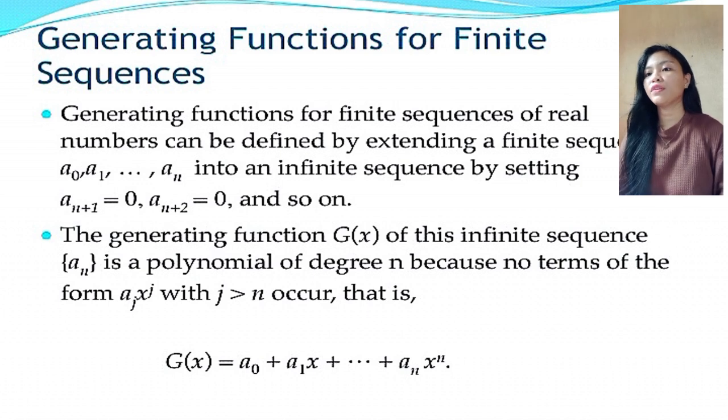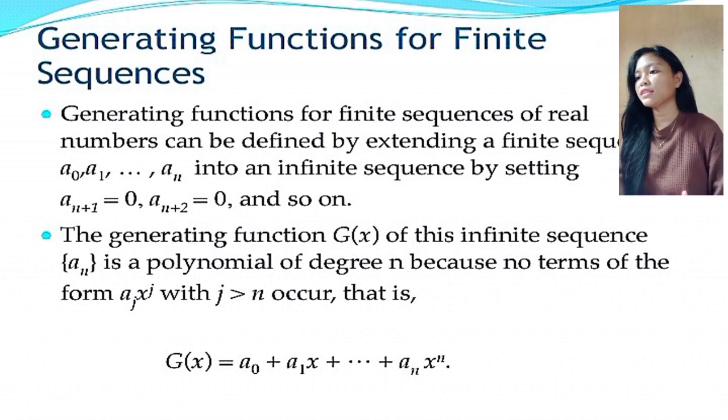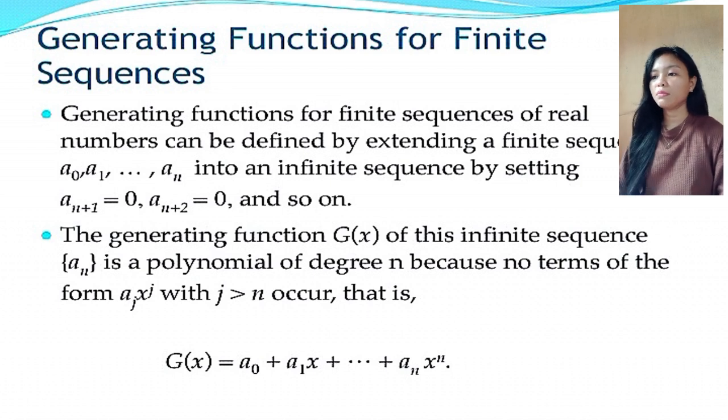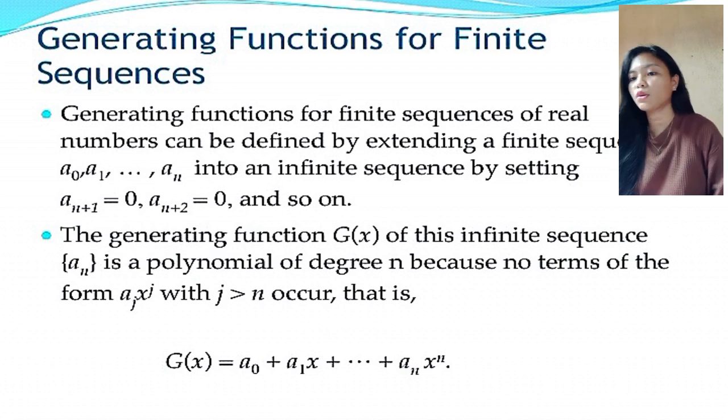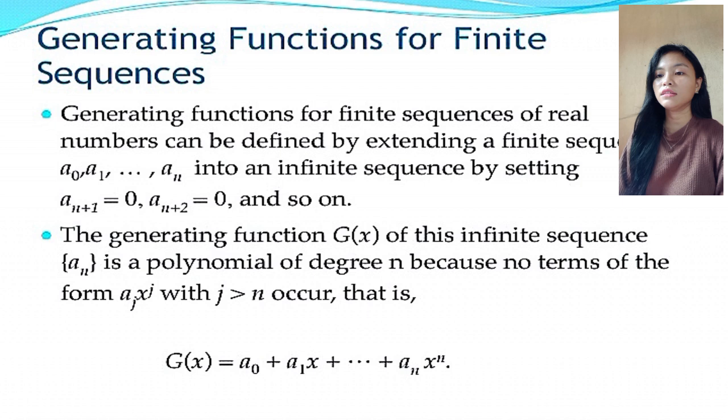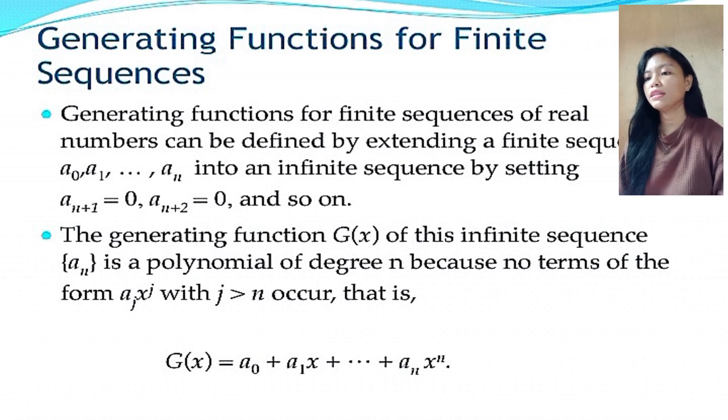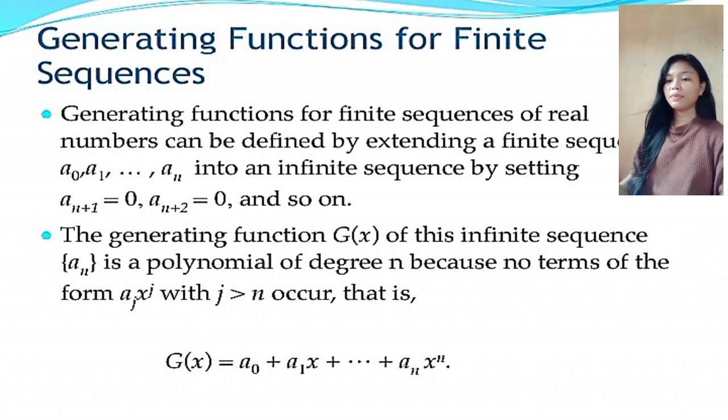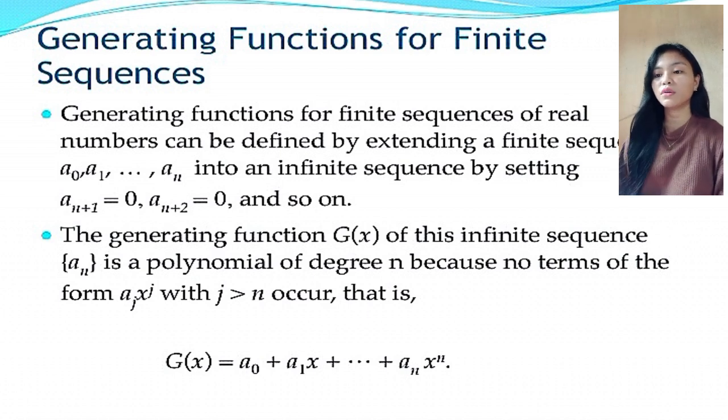Generating functions for finite sequences. A generating function for a finite sequence of real numbers can be defined by extending a finite sequence a_0, a_1, ..., a_n into an infinite sequence by setting a_(n+1) equal to 0, a_(n+2) equal to 0, and so on.